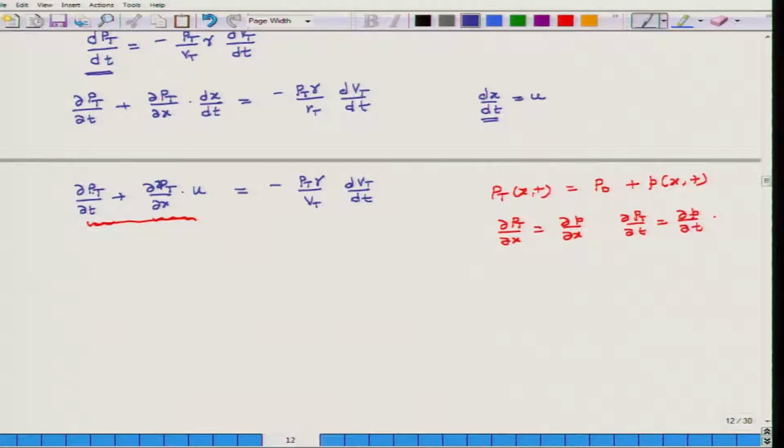So, I can write this relation as del p over del t plus del p over del x times u is equal to minus Pt gamma over Vt dVt over dt.